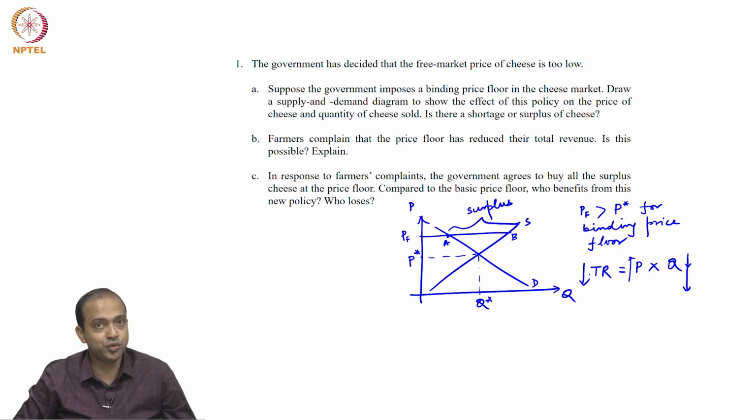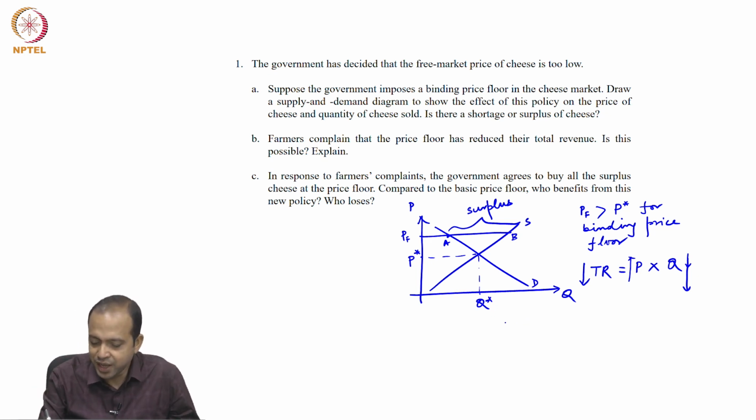That is what we need to understand. So, without knowing the elasticity of demand for cheese, we cannot answer this question. If the demand for cheese happens to be inelastic, then a rise in price will result in a decline in quantity demanded less than proportionately. So, total revenue will increase. So, here the farmers' complaint is that total revenue falls.